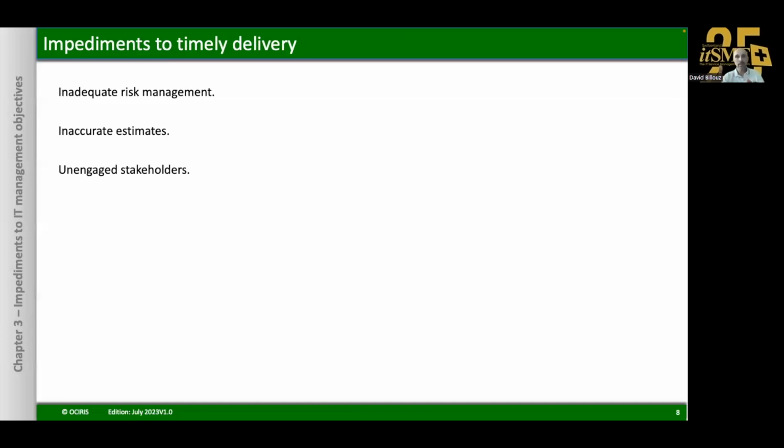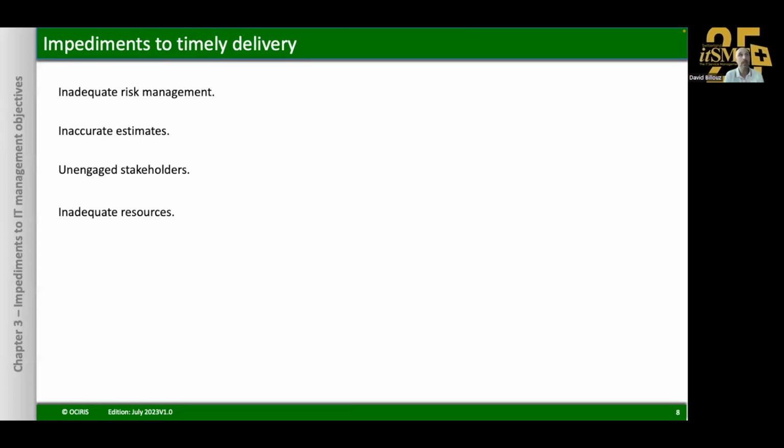The stakeholders who define the timely delivery may not be the same as the ones who will, in fact, really need the service. So there can be a discrepancy between the required target time to deliver a service and the real time to deliver a service, because you don't ask the same question to the right people. And inadequate resources.